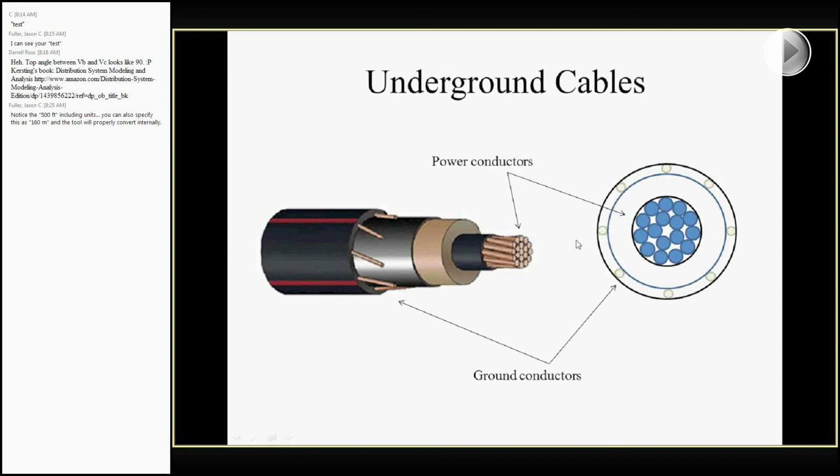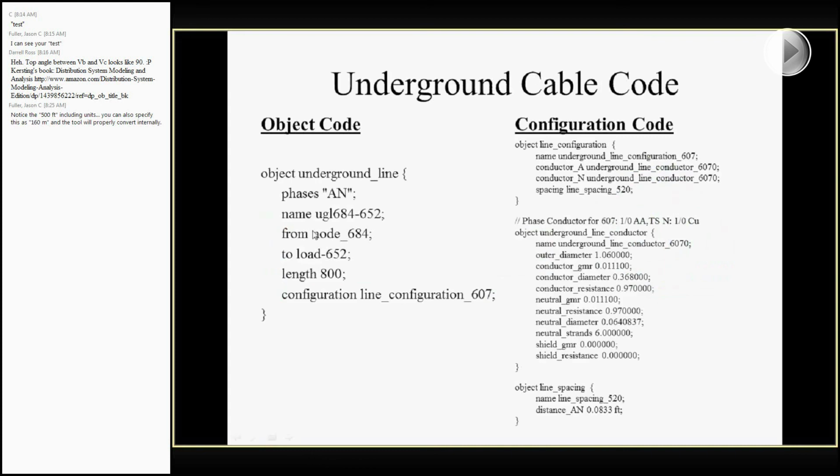But when you model this in GridLab, which we'll get into next, I couldn't remember if that was the next slide or not, basically you'll see that the underground line conductor information is a little more complex than it was for the overhead line. Obviously because you have those neutral conductors in there, which are down here, the neutral GMR, which is the geometric mean radius, if I remember correctly.